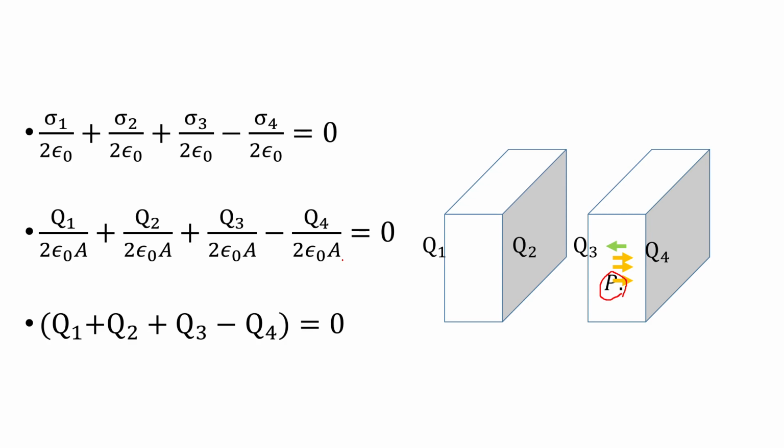When we simplify it, we get a relation q1 plus q2 plus q3 minus q4 equals 0. This is the relation between the charges q1, q2, q3 and q4.